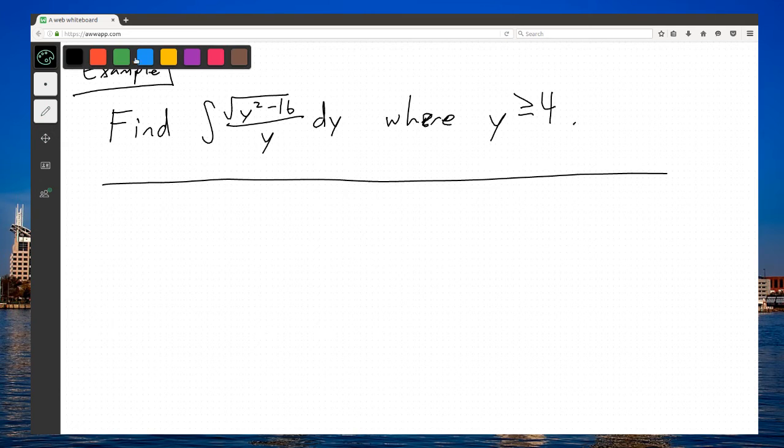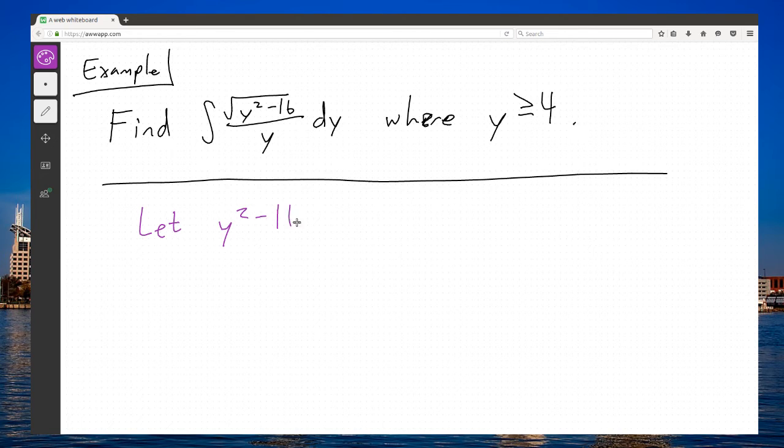So we'll do our substitution. We'll let y squared minus 16, you always have to match the constant. The 16 there is what's important, because you can't change the minus 16. But we can change y squared into 16 secant squared of theta minus 16.